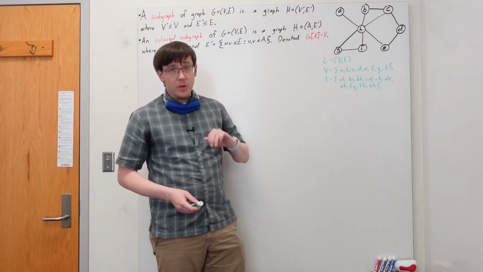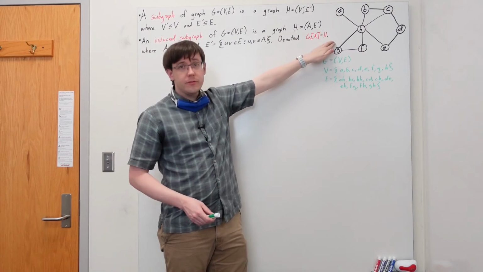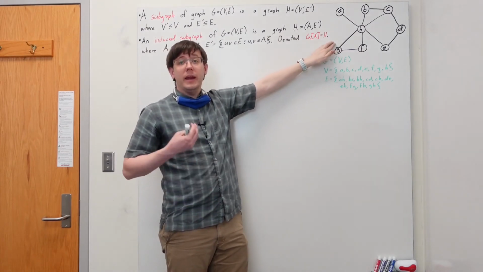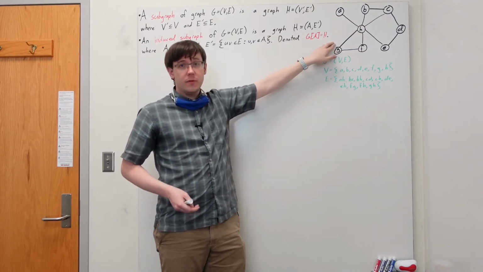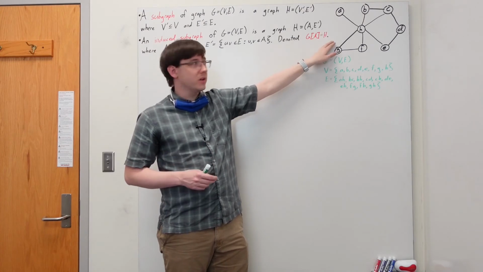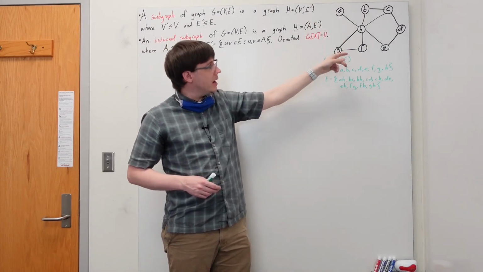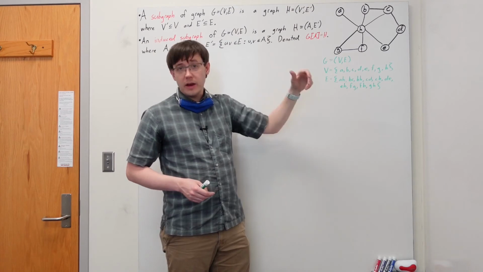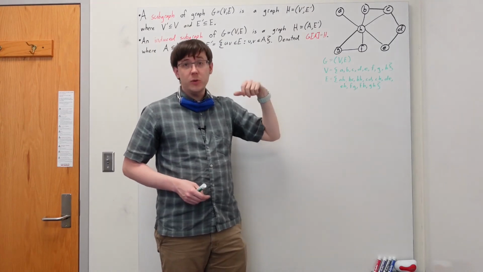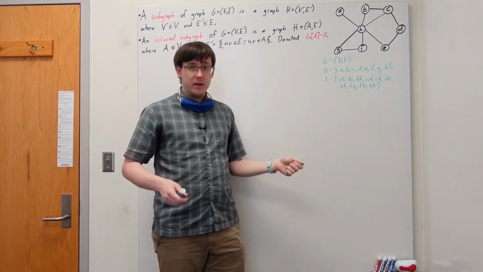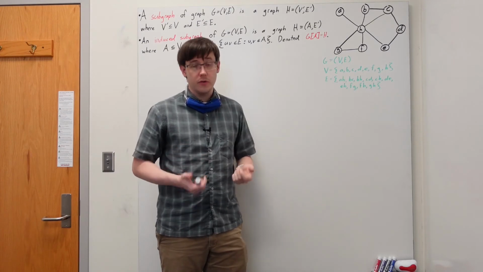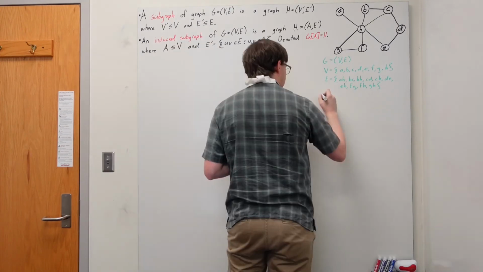So every edge that is between two things in our subset of the vertices will appear in the induced subgraph. So for example, on this graph, if we build an induced subgraph with the subset of the vertices A, B, C, F, G, then we would need to include every edge that's between two of the vertices in our subset.